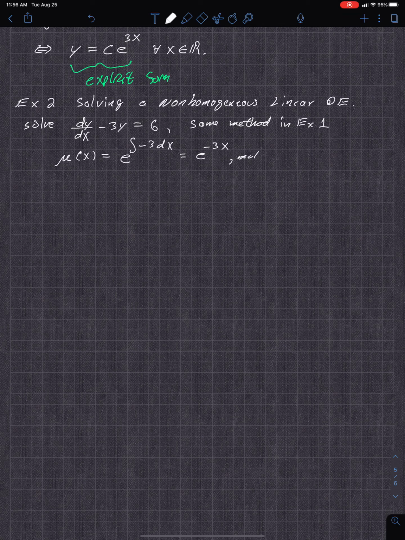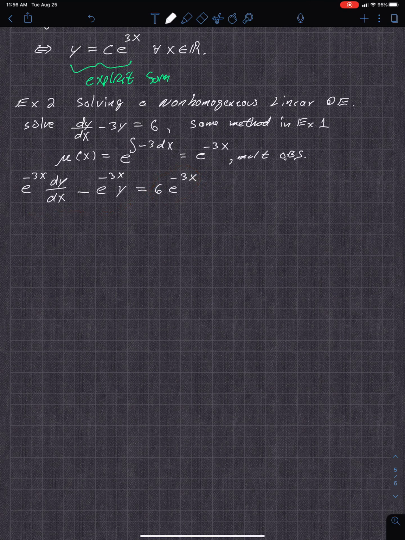Then you multiply on both sides, and you get e to the -3x dy/dx minus e to the -3x y equal to 6 e to the -3x. What's really different is that the right side in the above example canceled out completely. It was just 0. This side's the same.